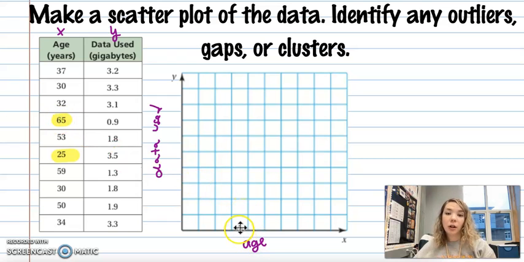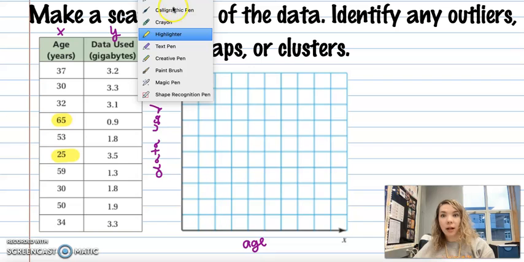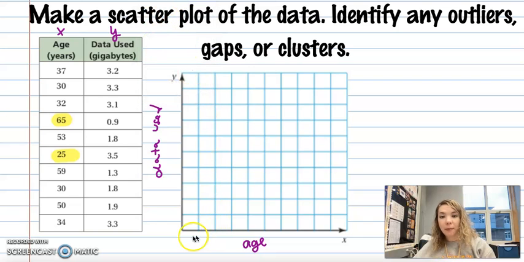So I need to make sure that I can fit all the way up to 65 on my graph. Sometimes you'll see a break, and people might start at 20 instead of 0. I'm not going to do a break since 25 is still pretty close to our start, and we're just going to count by tens. Again, this is labeled for you, but I want to talk about how we got there because it won't always be labeled for you.